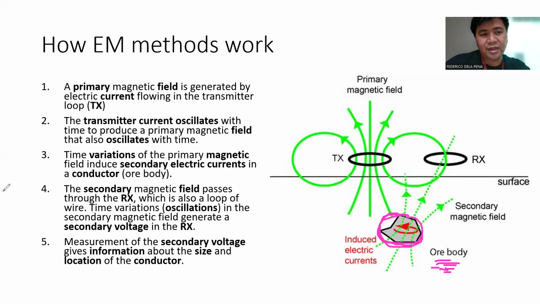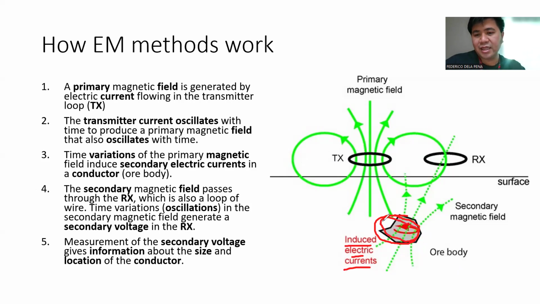The result of having a fluctuating magnetic field is that the conductive body will eventually induce its own electric currents.